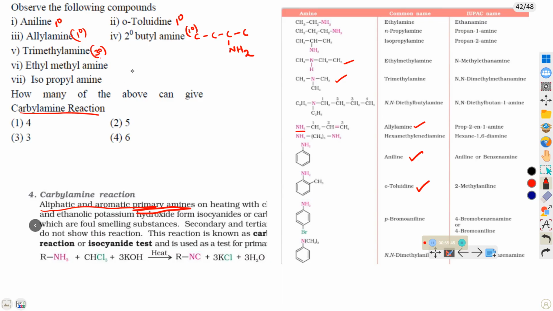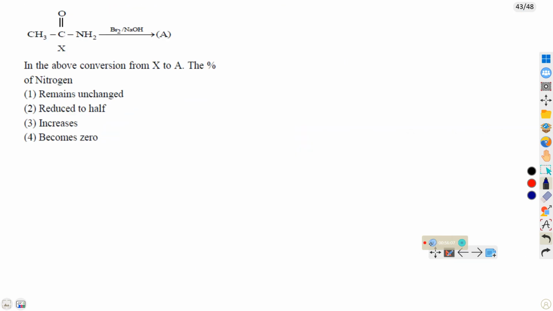Ethyl methylamine is 2 degree amine. So trimethylamine does not give, ethyl methylamine does not give. Isopropylamine is 1 degree amine, yes, gives. So how many give? 1, 2, 3, 4, 5. Second option correct.